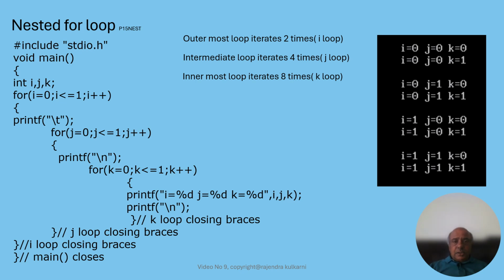And the innermost loop, the k loop in this case, will iterate 8 times. So this is how nested loops work.